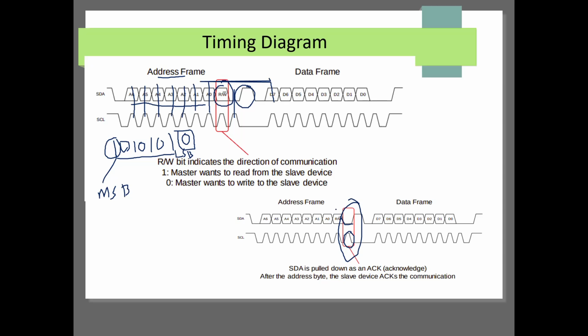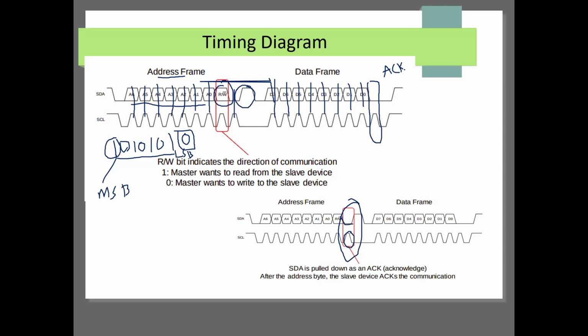After that, the data: data 7 clock is there, data 6, data 5, data 4, data 3, data 2, data 1 and data 0, every time with the clock. This bit is still low. This low condition is sending the acknowledgement bit.